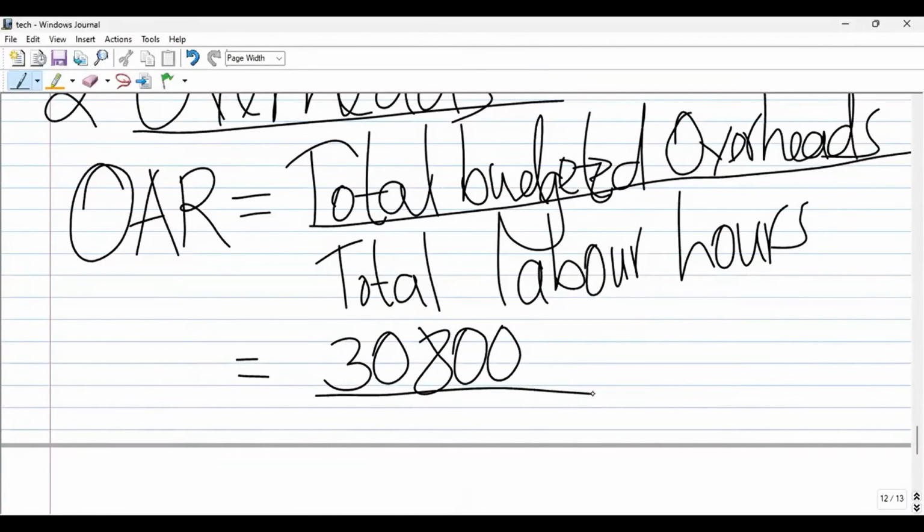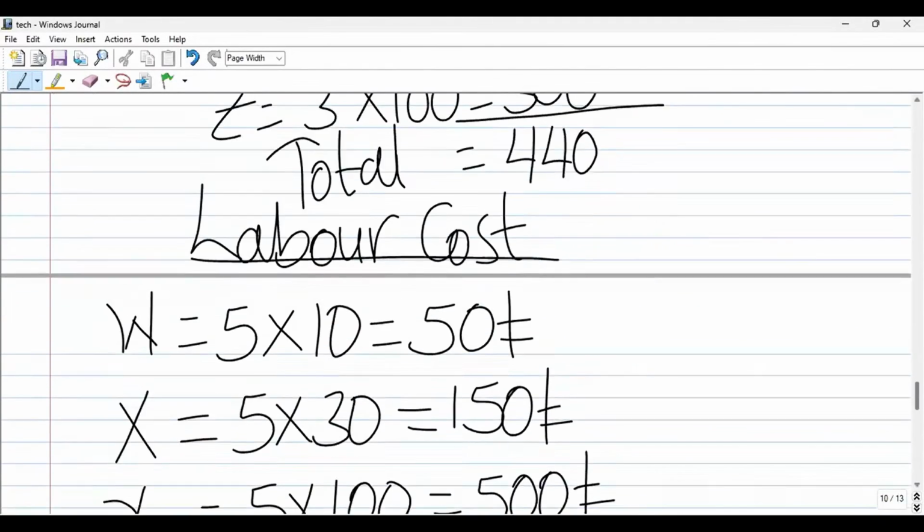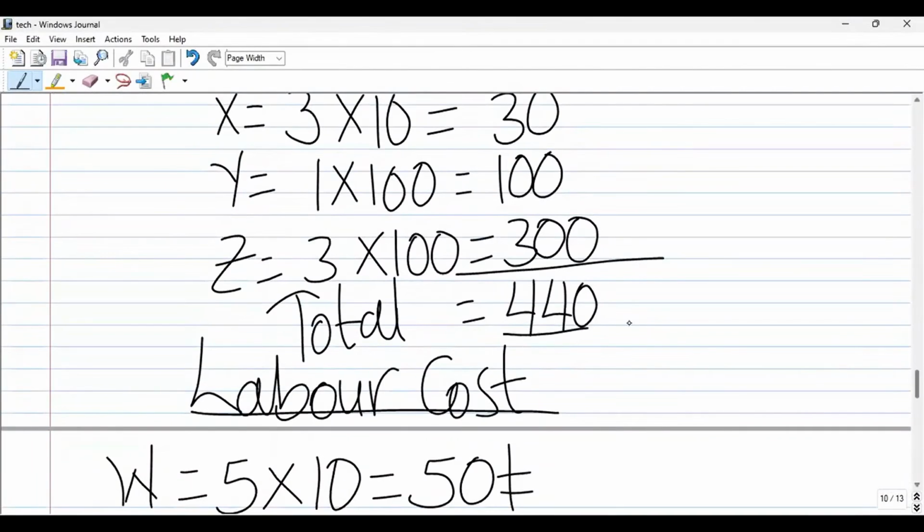What is the total for the labor hours? 440. That's what we started by looking for in working 1. Remember, labor hours, we got a total of 440.